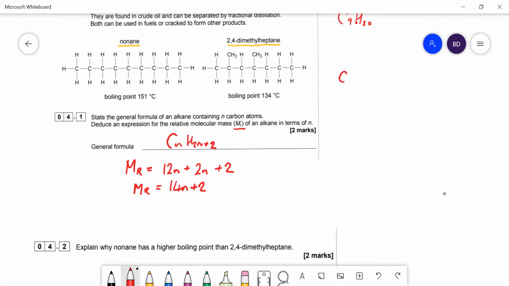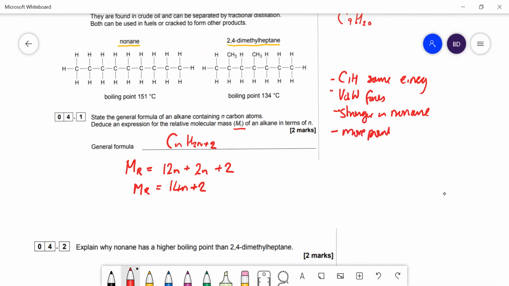C and H have the same electronegativity, so we're not going to have any dipole-dipole interactions, so we're only going to have van der Waals forces between molecules, and they're stronger in nonane because the molecule has a bigger surface area, so there are more points of contact. When it's branched, it reduces the surface area of the molecule.